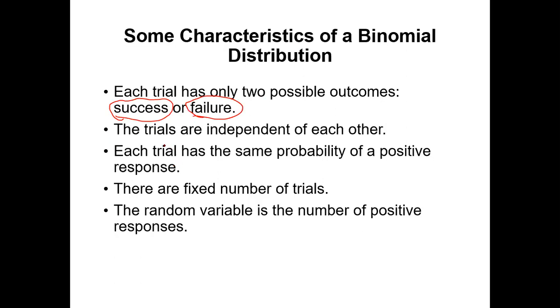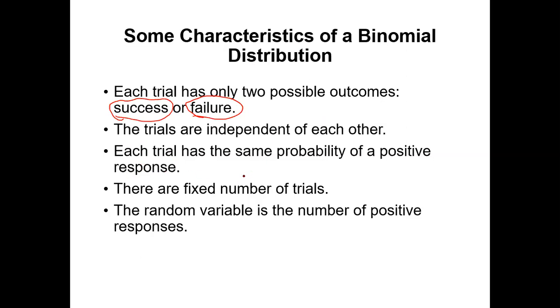Now, the trials are independent of each other. When you do one trial and let's say you have success, it doesn't influence you to have another success in your second trial. You can have a failure in your second trial or whatever.